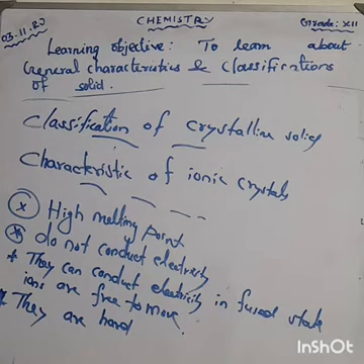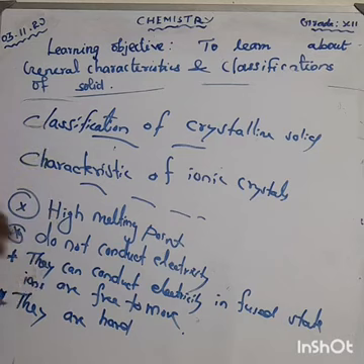What is about the second point? These solids do not conduct electricity, because ions are fixed in their lattice position. What's about the third point? They do conduct electricity in molten state or when dissolved in water.